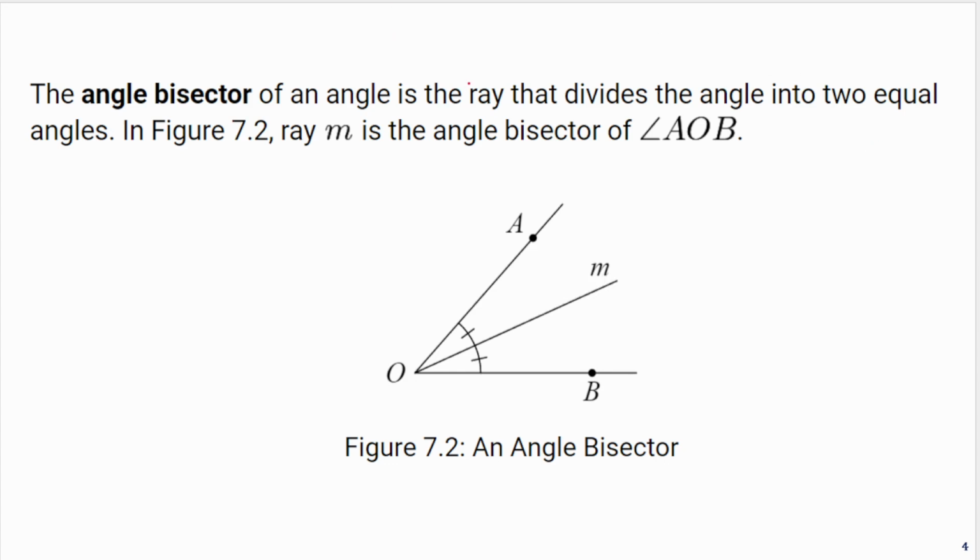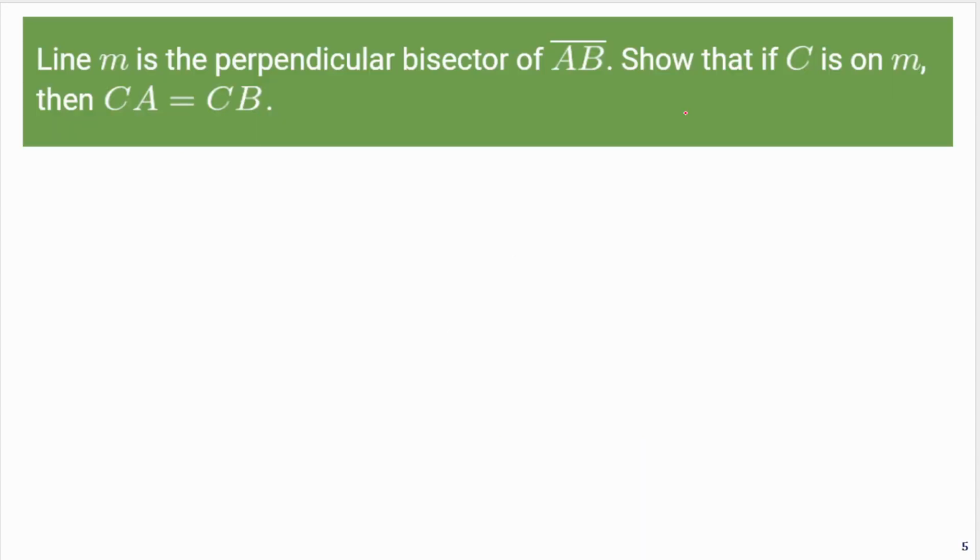Okay, next let's have a look at some properties related to perpendicular bisectors or angle bisectors. First of all, line M is a perpendicular bisector of AB. Can you show that if C is on M, then we have CA equals CB? Okay, first we need to draw a diagram to show the situation here.